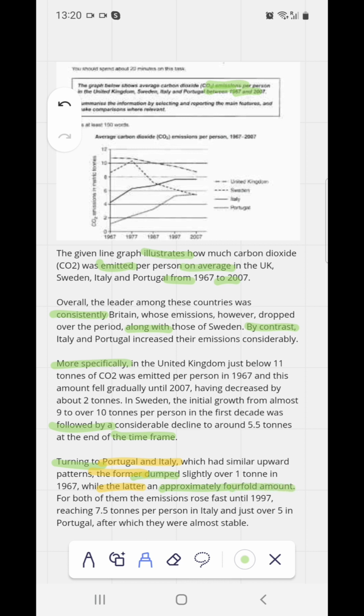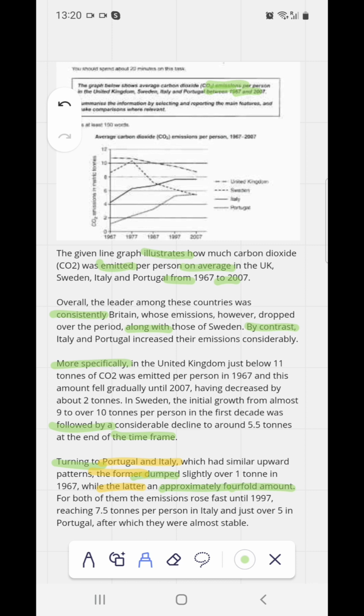So approximately when we don't know the exact number, fourfold means multiplied by 4, and amount is just like quantity.